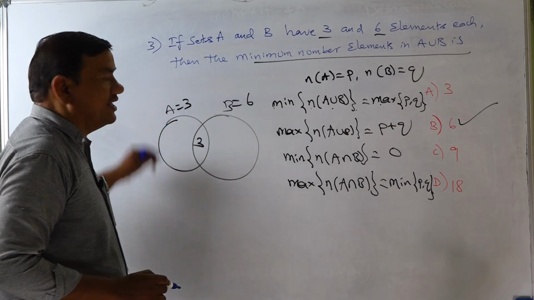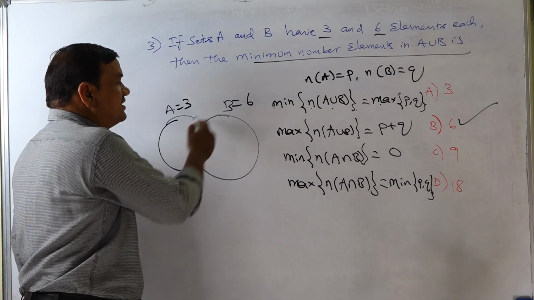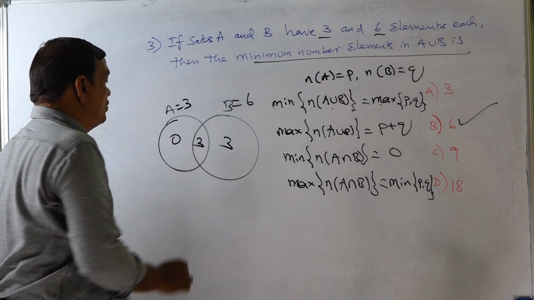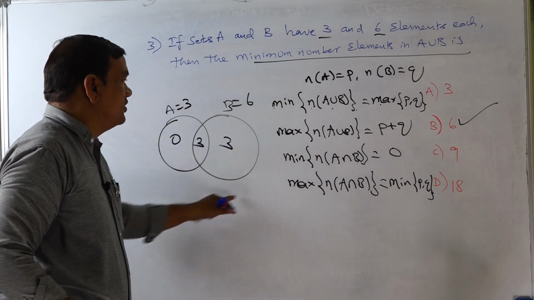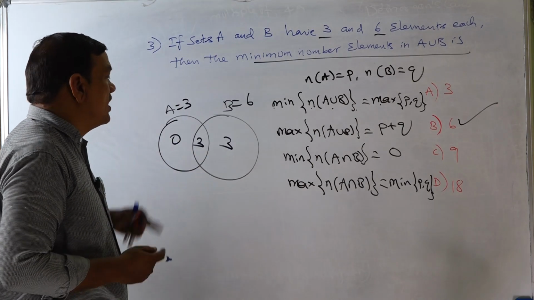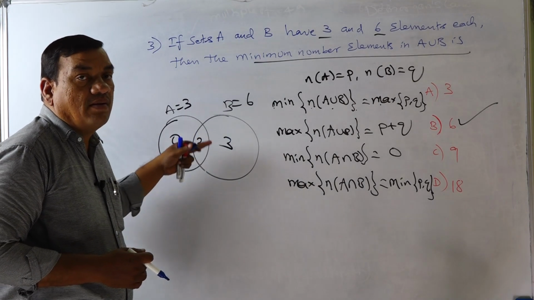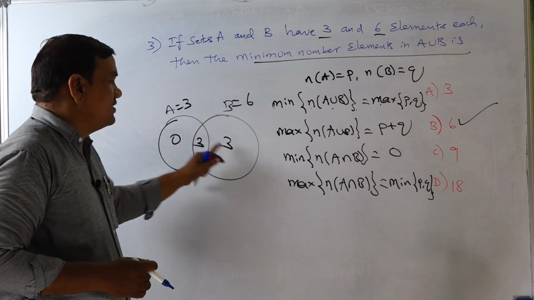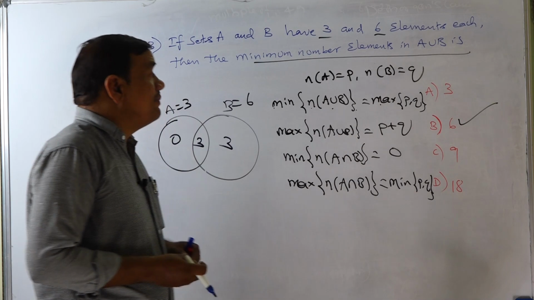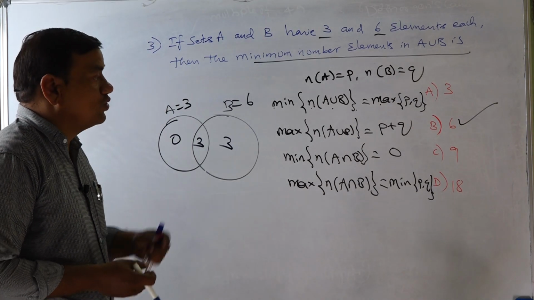A contains 3 elements and B contains 6 elements. I can put 3 here, and you can put 0, so total this is 3 and total this is 6. So n of A union B is 0 plus 3 plus 3, total 6. The minimum number of elements in A union B is equal to 6.